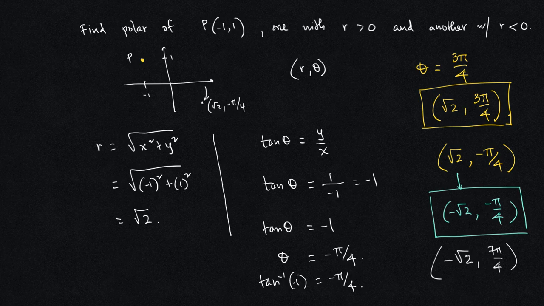This will represent the same point because first we would go to the polar axis √2 units, then we turn counterclockwise an angle of 7 pi over 4, and then we flip it to get the negative radial coordinate to obtain the point P in the second quadrant.